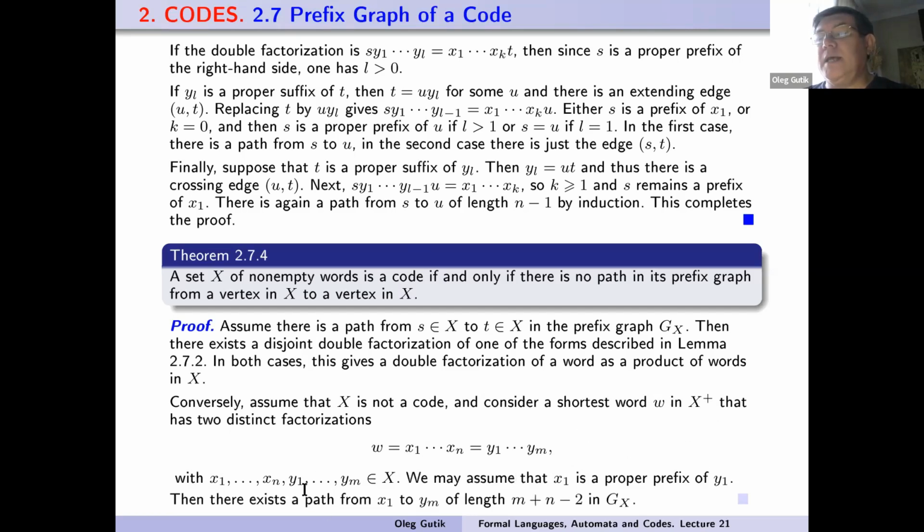Then there exists a path from x1 to ym of length m plus n minus 2 in the graph G(X). This completes the proof of our theorem.